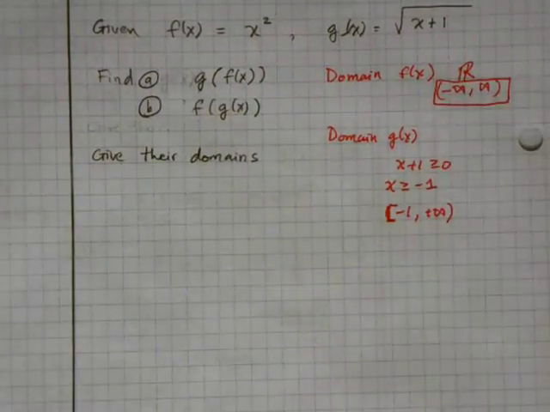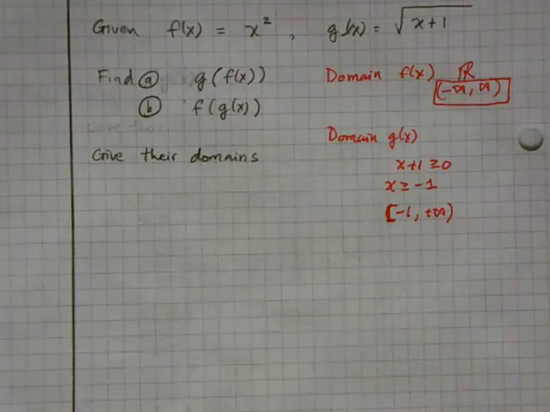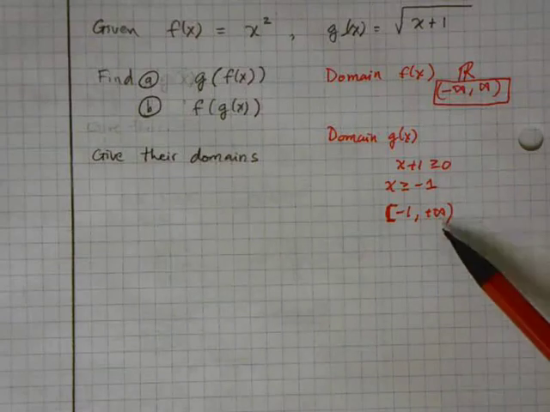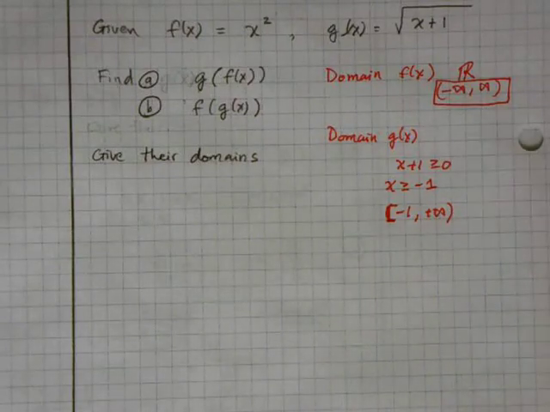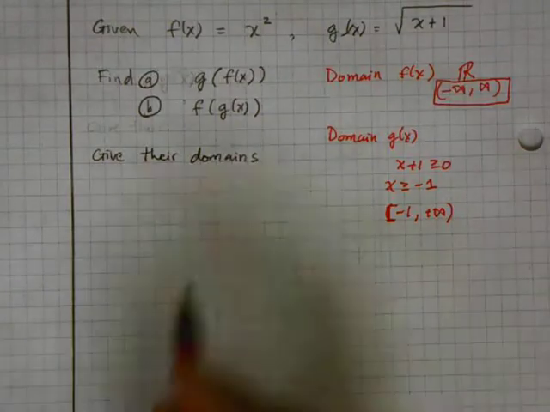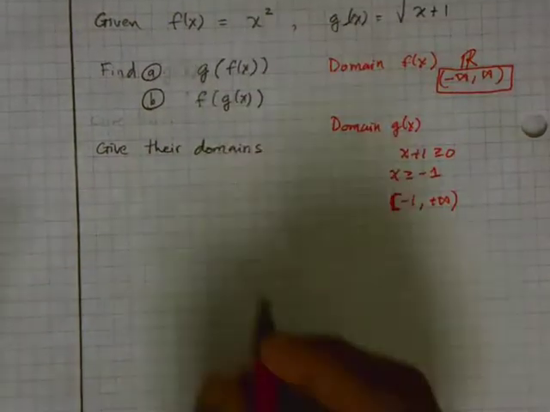Okay? And it's important to keep this in mind because if you recall from the other examples, whatever comes out of these compositions, their domain has to be equally restrictive or more restrictive than f of x and g of x. Okay? So let's first find g of f of x.